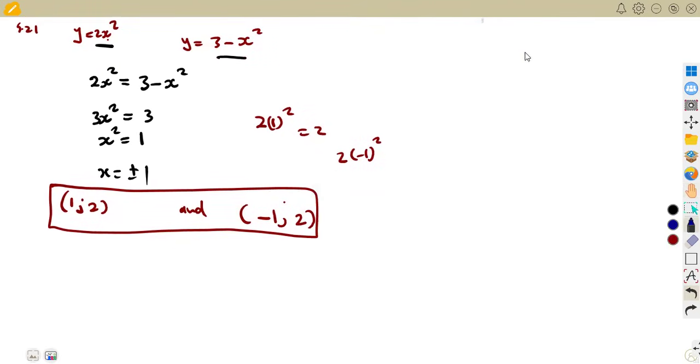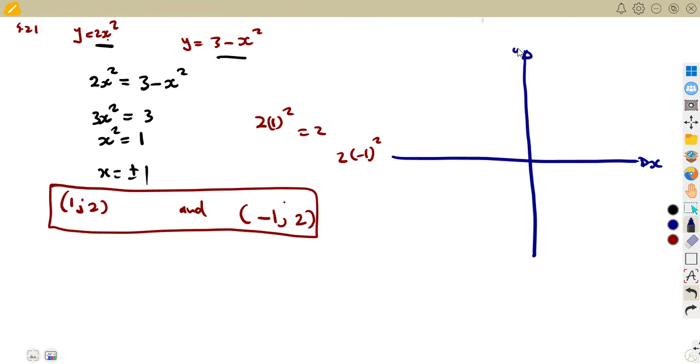Remember, from the quadratic function, if we are given the graph of y is equal to 2x squared, it's just how wide this graph is. If the graph of y is equal to x squared is like this, then the graph of y is equal to 2x squared is going to be an inner part like that. It's just how wide it is, but this graph is going to pass through the origin at 0.